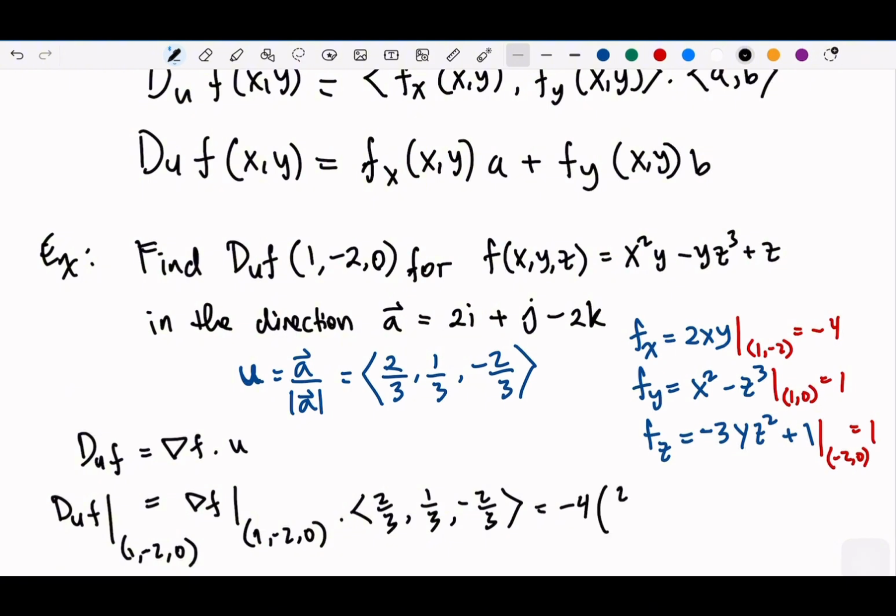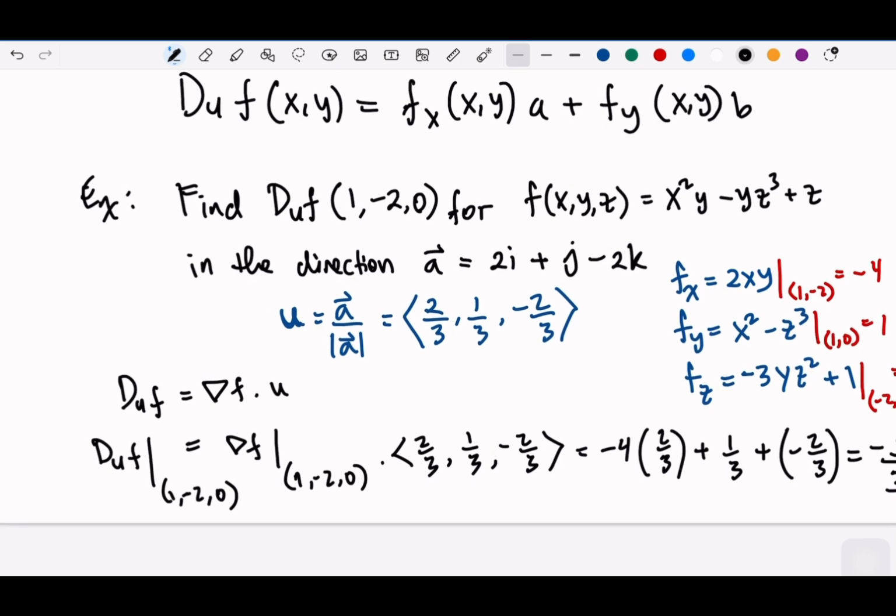negative 4 times 2 over 3, plus 1 times 1 over 3, plus 1 times negative 2 over 3. So negative 8 plus 1 is negative 7, negative 2, negative 9. This is negative 9 over 3, or negative 3.